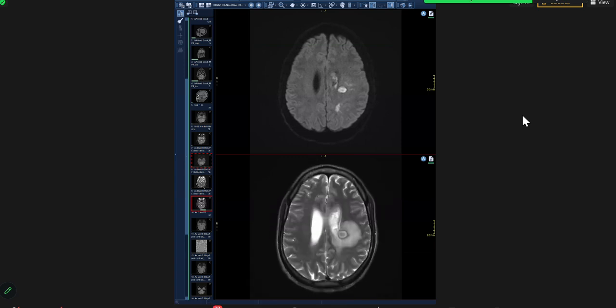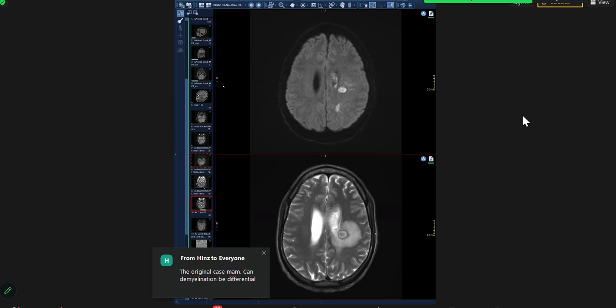Is there any more question for this case, or the one we just saw, the multiple infarcts? No, okay, so then there are some questions in the chat. But the original case, demyelination, I don't think so.